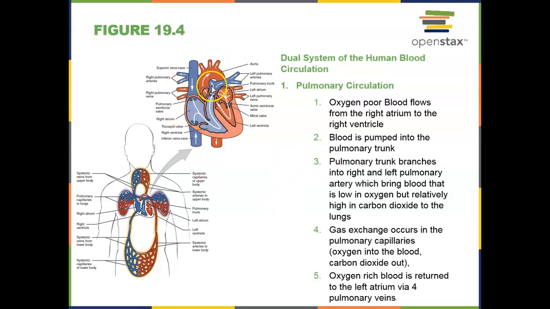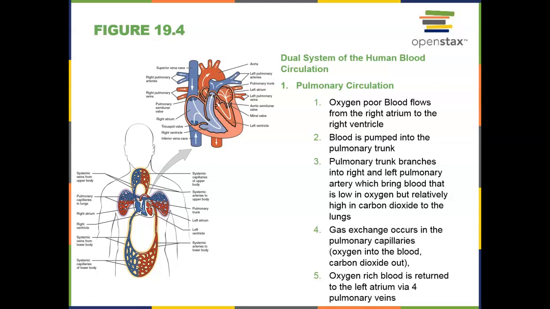So that's right here. The pulmonary trunk branches off into right and left pulmonary arteries, right over here, left over here. And these bring blood to our right and left lungs. At the lungs, we have the pulmonary capillaries where gas exchange occurs.